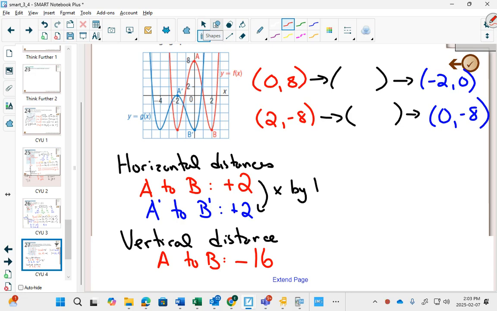When I go from A to B vertically, it goes down 16 units. From A straight down to B is down 16 units. From A prime to B prime, the y value starts at 0, goes down to -8, it goes down 8.